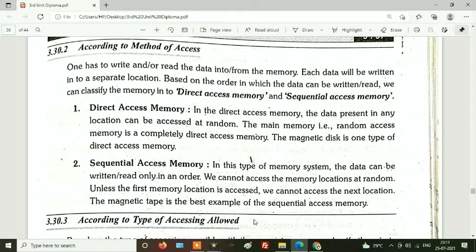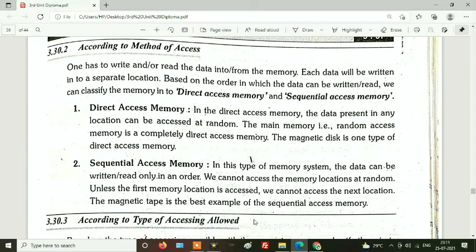Coming to sequential access memory, in this memory the data is written or read in order, but when you're going for direct access memory there is no order. In sequential access memory we cannot access the memory locations at random unless the first memory location is accessed. After accessing the first memory location, we can go to the next location.